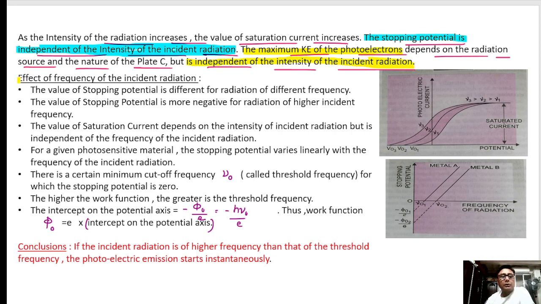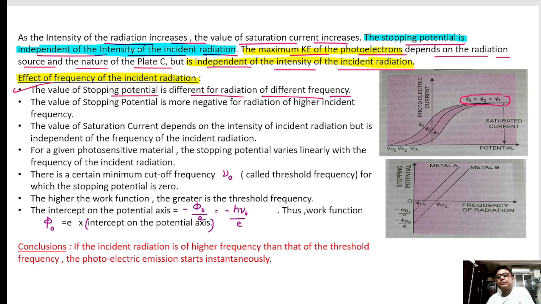Next is the effect of frequency of incident radiation. That means if I change the frequency of incident radiation, what can happen? So let's see. First of all, as you can see, we are taking different frequencies of the incident radiation. The value of the stopping potential is different for radiation of different frequency.